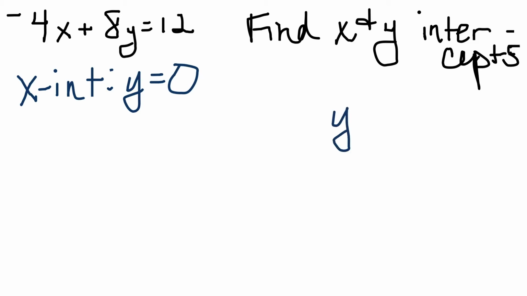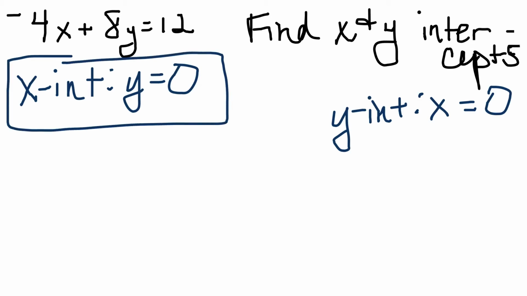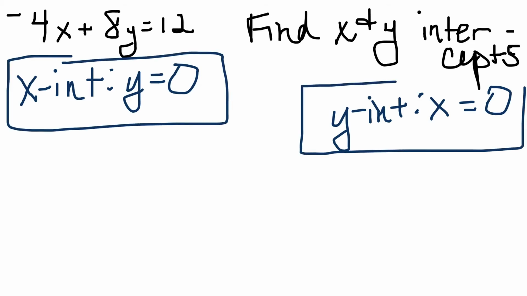When I want to find the y-intercept, I know that the x value is 0, because in order for it to cross the y-axis, the x value has to be 0. So I like to set it up like this. X-intercept, y equals 0. Y-intercept, x equals 0.